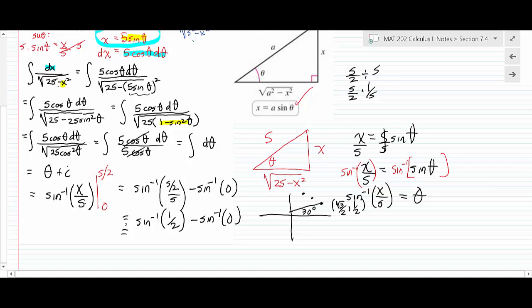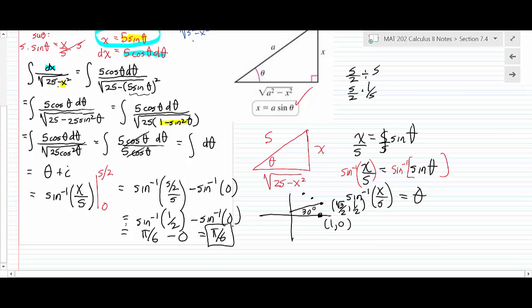So what's 30 degrees in radians? Pi over 6. Okay? And then if you're looking at the inverse sine of 0 at 0 radians, you have 1, 0. So the inverse sine of 0 is 0. So that means the answer to this problem is pi over 6. Pi over 6 minus 0 gives you pi over 6.